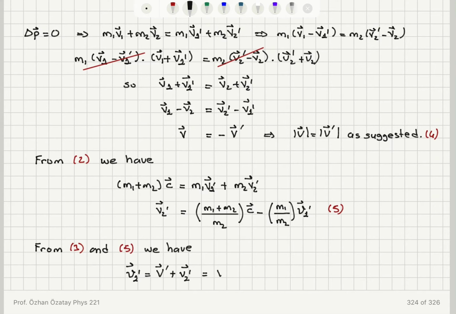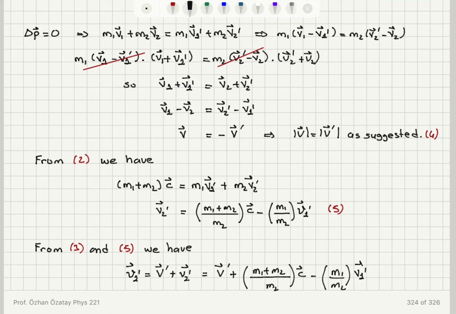For v2 prime I substitute the answer from equation 5: (m1 plus m2) divided by m2 times the center of mass velocity minus m1 divided by m2 times v1 prime.